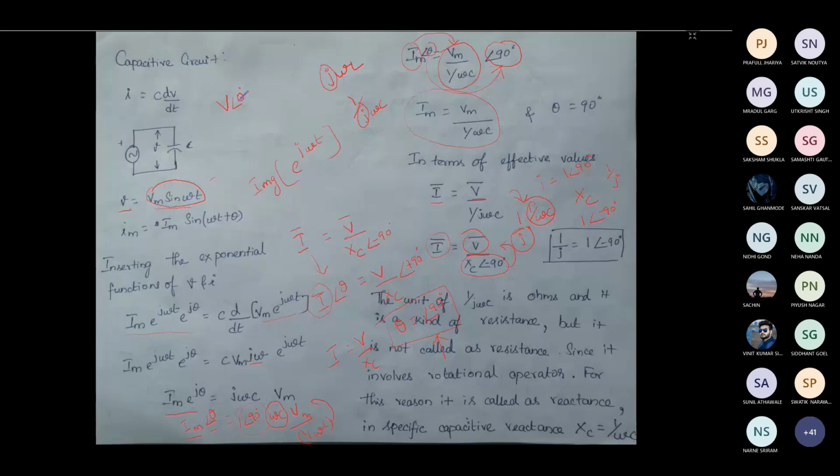So the voltage reference angle is 0 degree, whereas the current is leading the voltage by 90 degree, because we are getting plus 90 degree. As we said yesterday, if you have a voltage reference, that is V angle 0, then you have to draw the current. The current has some magnitude given by V divided by XC, with a rotation of 90 degree.